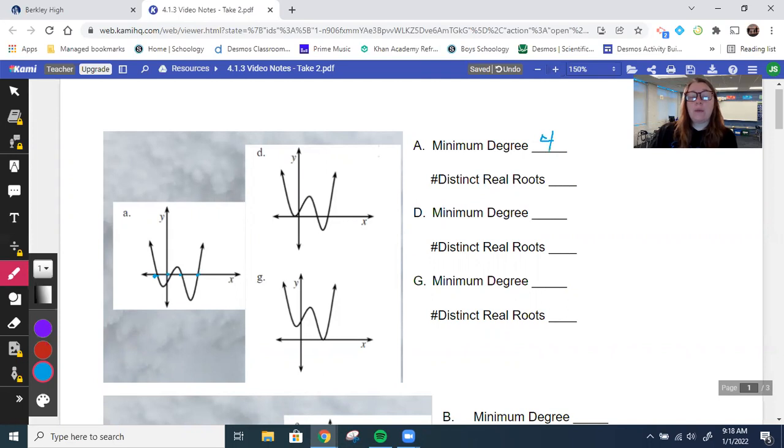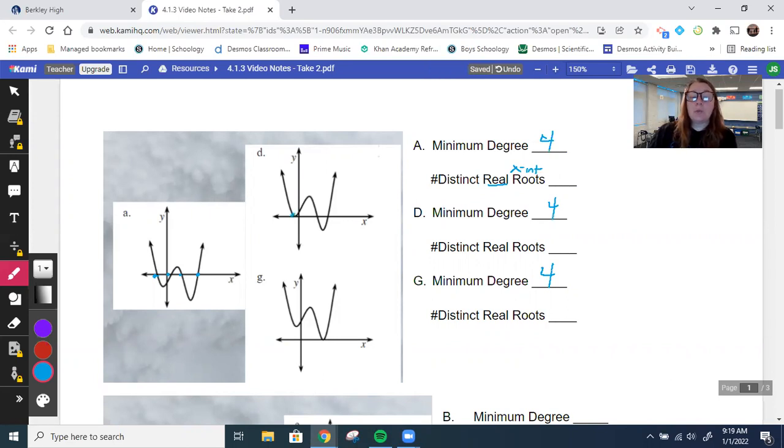Now, when you look at graphs D and G, you can see they're the exact same graph. They've just been shifted. Okay, so the degree is still going to be 4, but the number of real roots is different. The number of real roots just means the number of x-intercepts. So that word real is going to mean it hits the x-axis at a real number, so not an imaginary number.